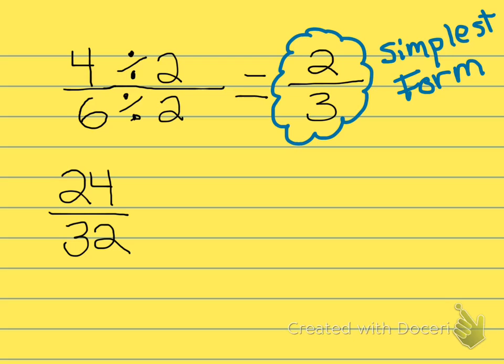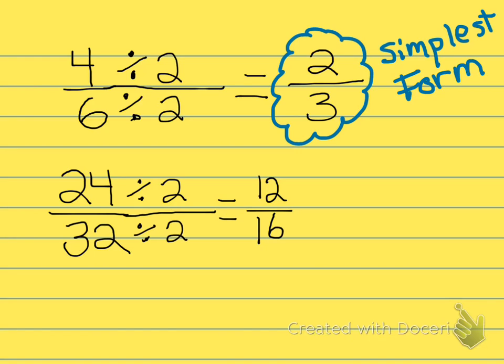What about 24/32? Let's see. They must share a common factor. I know that they share at least a factor of 2 because they're both even numbers. So I'm going to start with 2. Divide by 2. Divide by 2. That's going to give me 24 divided by 2 is 12, 32 divided by 2 is 16.